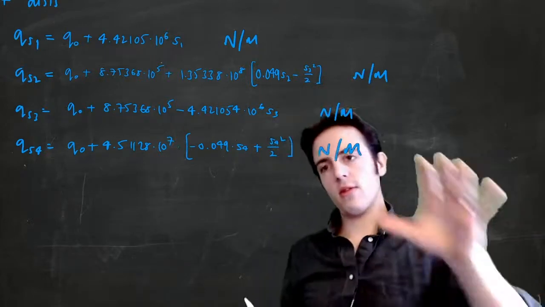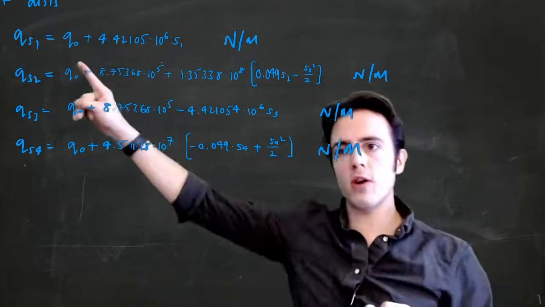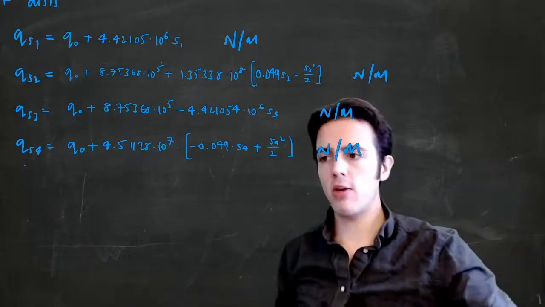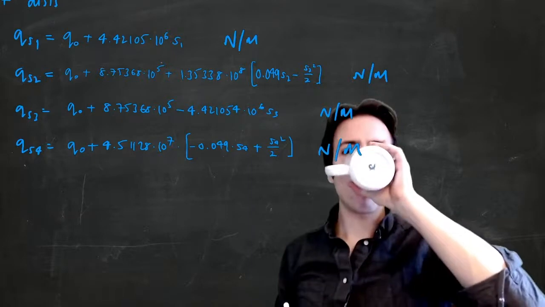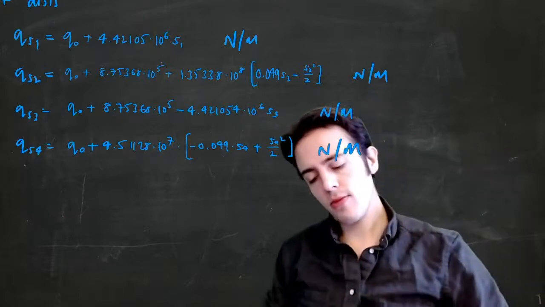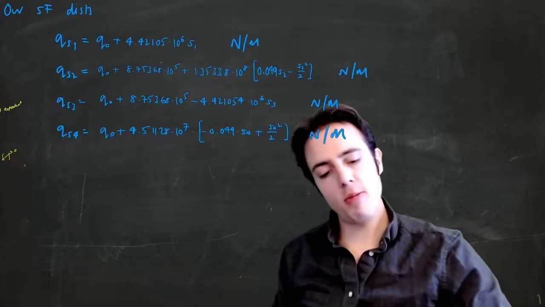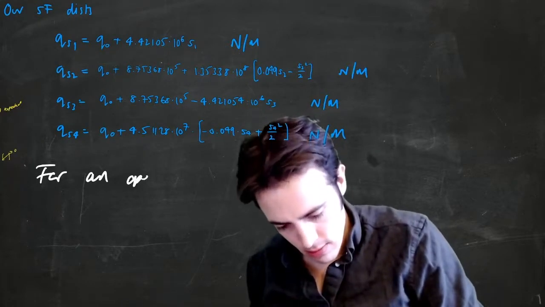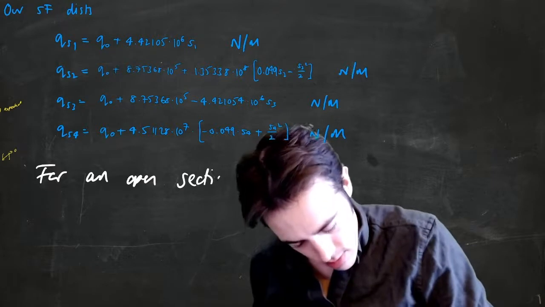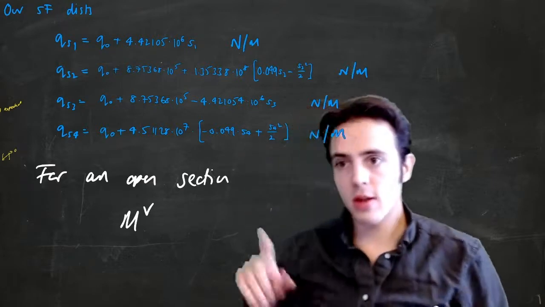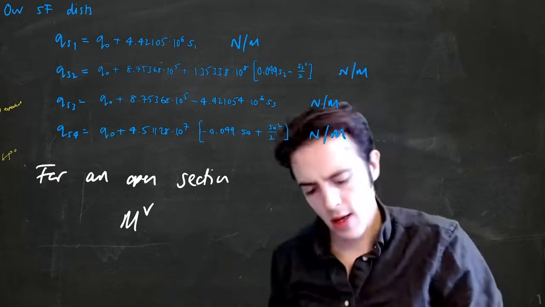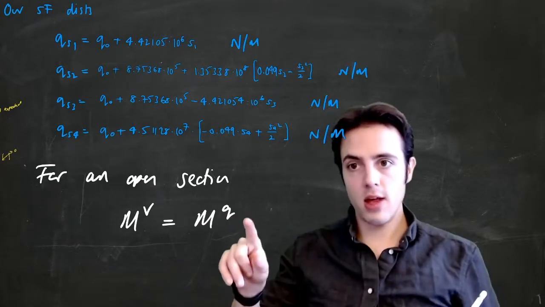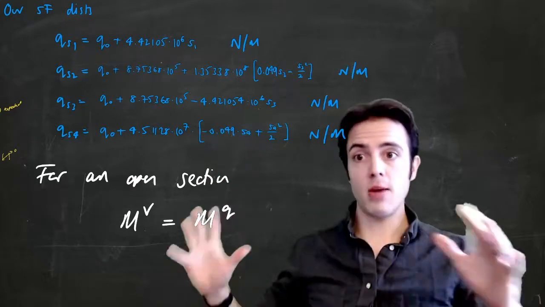So we've got these distributions now. They've all still got this Q0 in here. We don't know what this value of Q0 is just yet. So we need to use the fact that for an open section, the moment due to the applied shear force is going to be equal to the moment due to the shear flows anywhere where we load it.